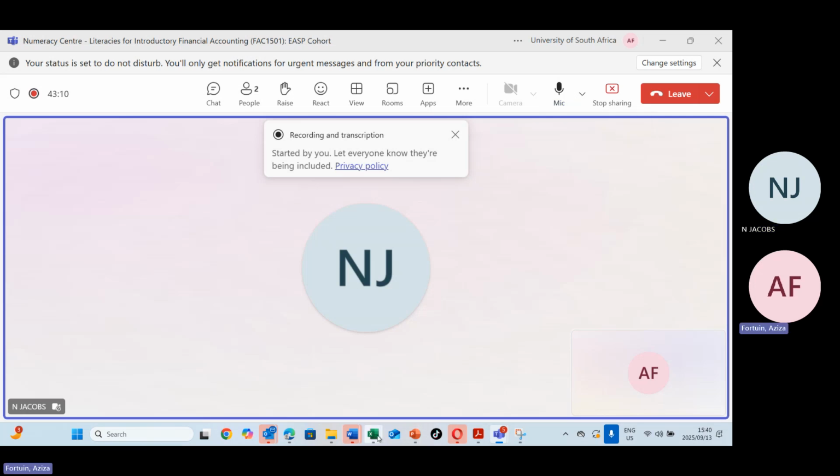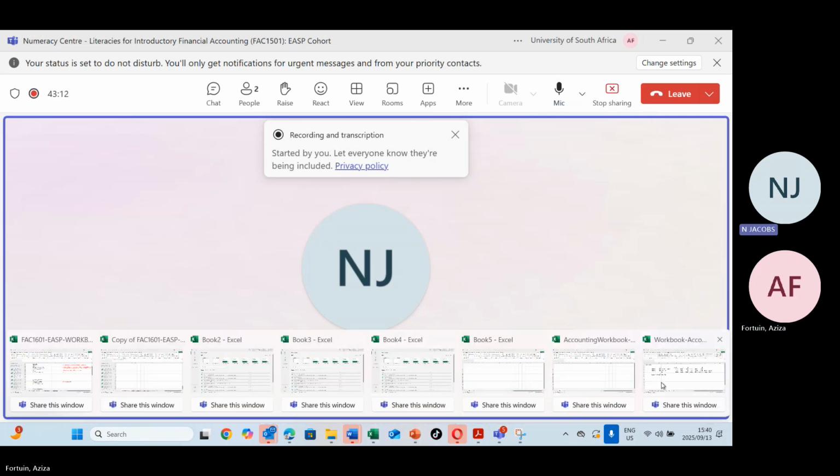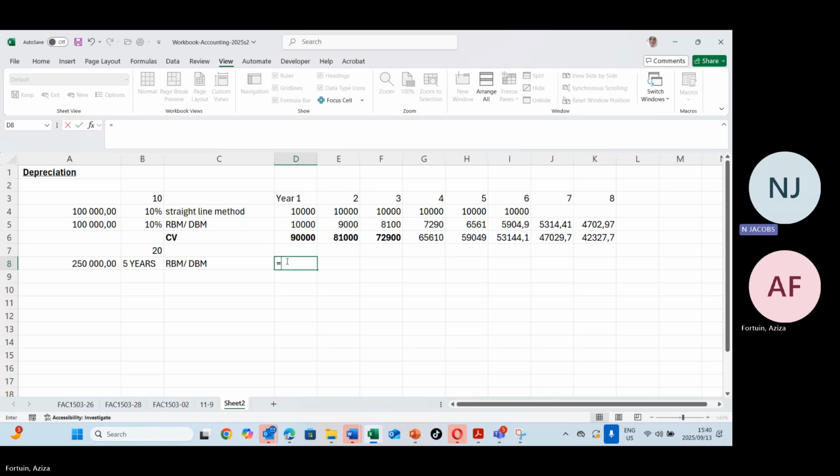Diminishing. It's 50,000. And then the carrying value is 200,000.